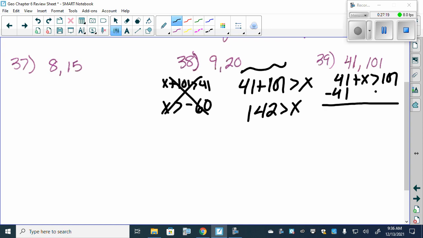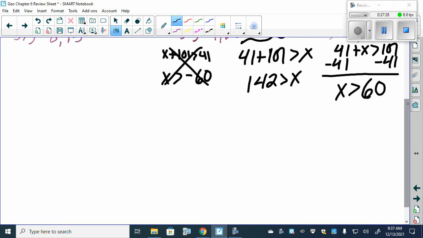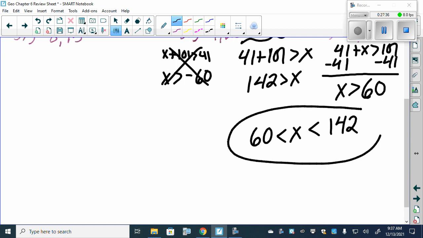We would have to subtract 41 from both sides, which tells us x is greater than 60. So what that means for us is that 60 is less than x is less than 142. So the length of the third side, for this to be a triangle, can be any number between these two amounts.